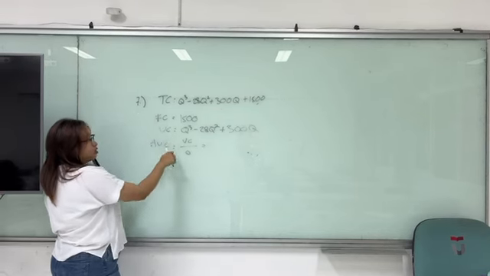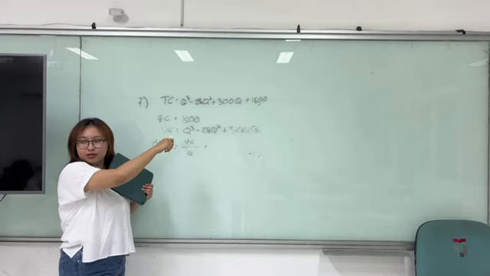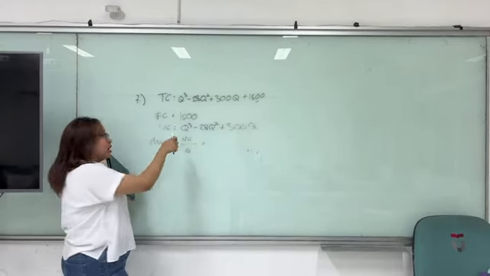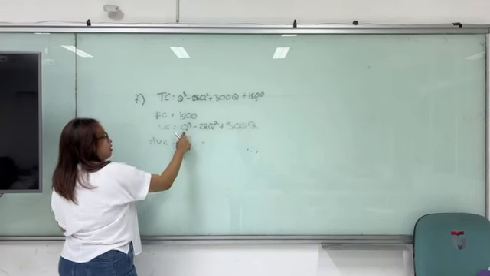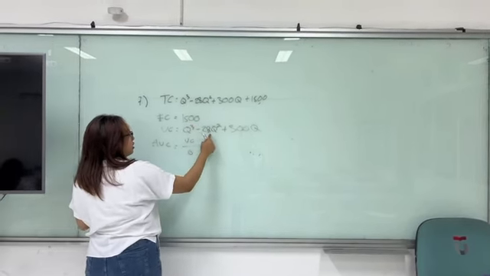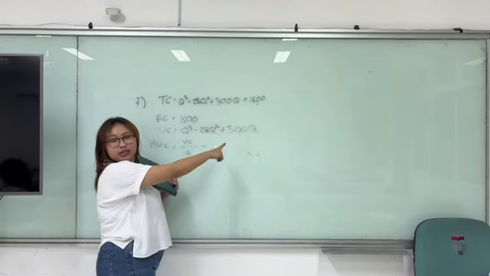The fixed cost is 1,500 and the variable cost is Q squared minus 28Q squared plus 3000Q.